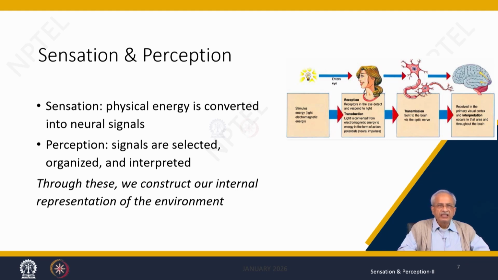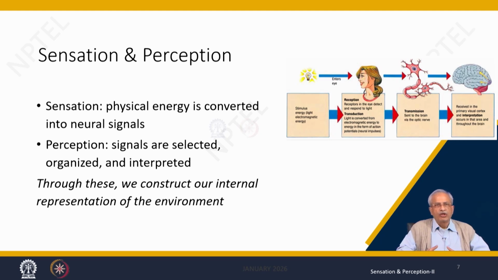Now, these signals are selected, organized and interpreted at the brain level. Through these, we construct our internal representation of the environment. As I said about the cognitive system, after we accept an energy, it undergoes some kind of representation, and that representation is done at the level of perception.